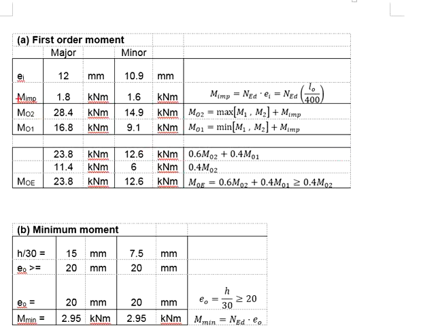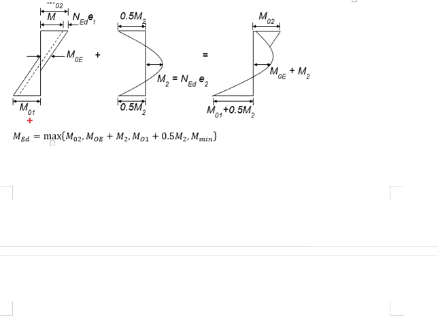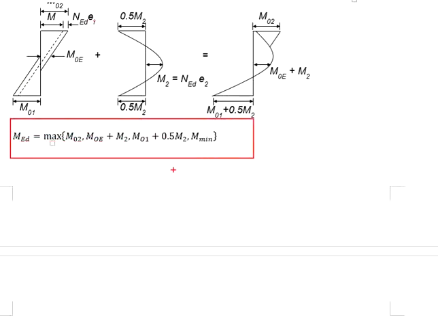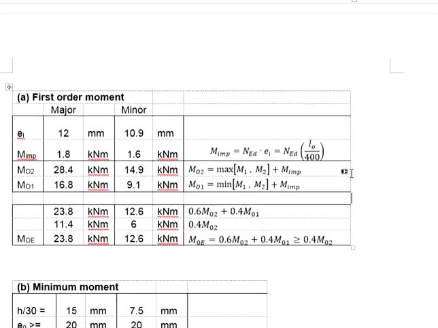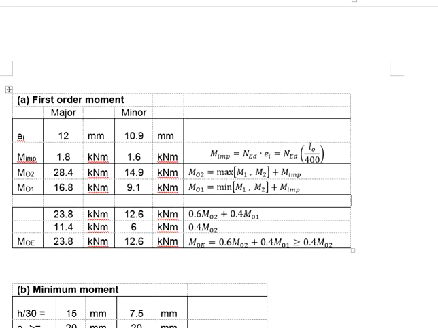Next, you need to determine the M02 and M01. If you look at the equations for the MEd, you need M02, you need M01, and you also need M0e. Therefore, all these three need to be calculated. Let us first deal with M02 and M01.